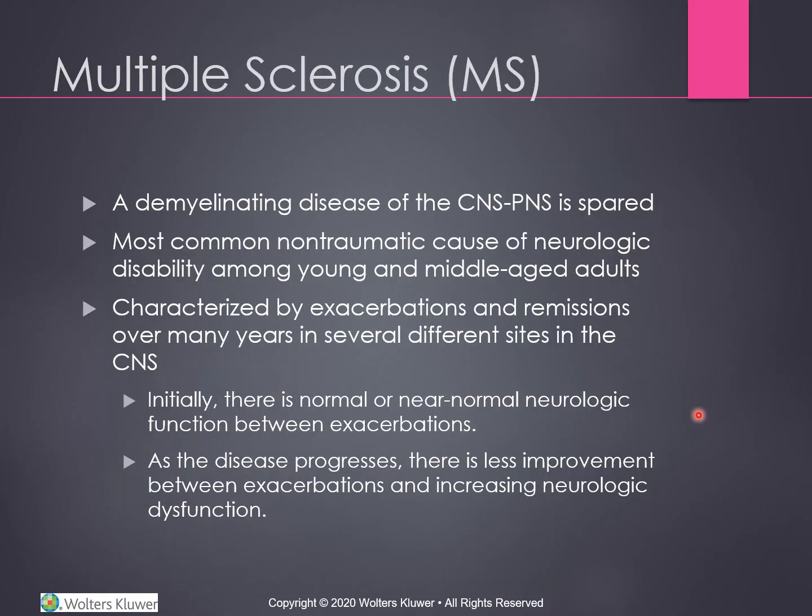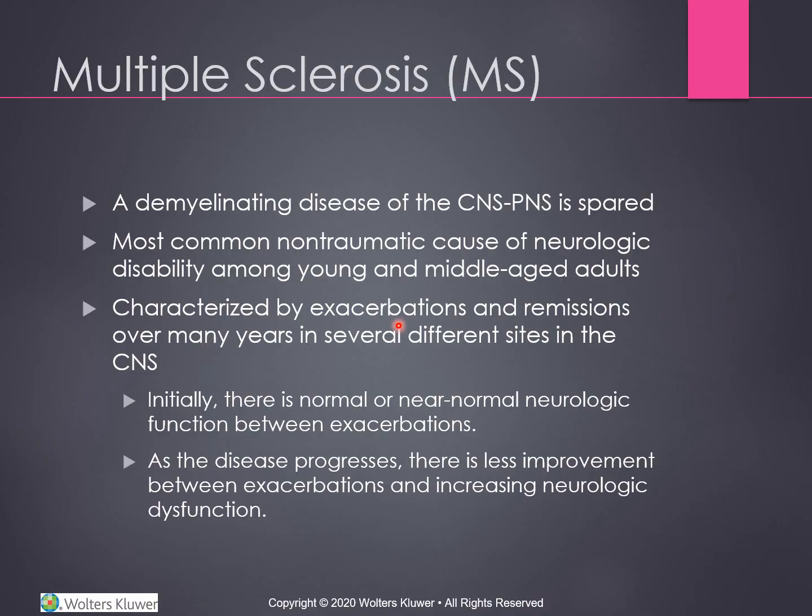We'll talk about multiple sclerosis. So MS is an upper motor neuron disorder where we see this overall demyelinating of the upper motor neurons within the CNS, but the motor neurons within the peripheral nervous system are usually spared.